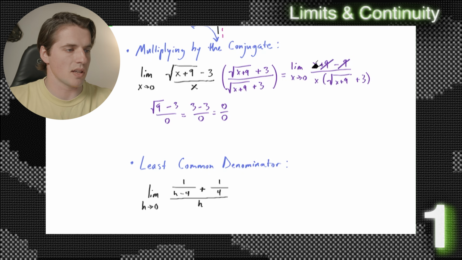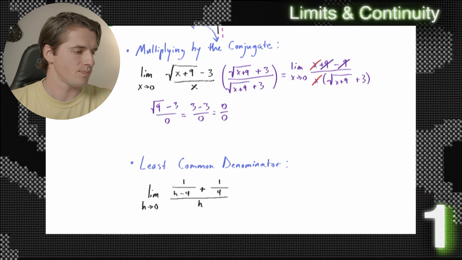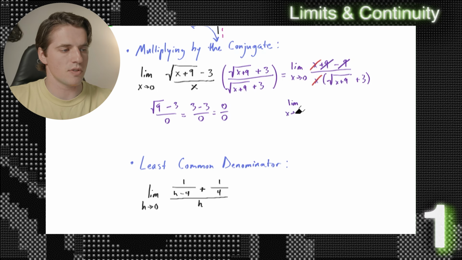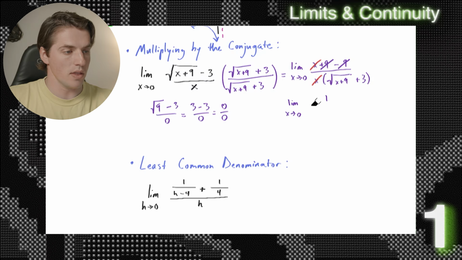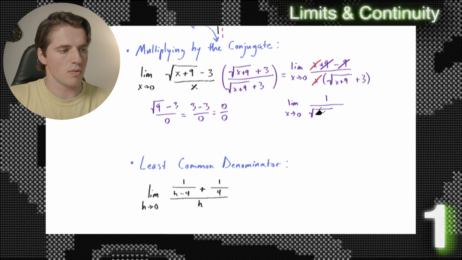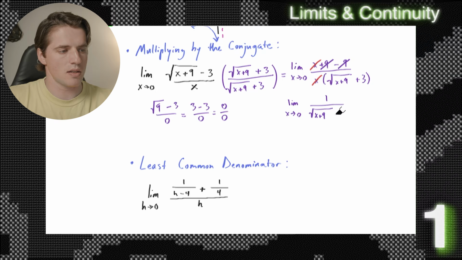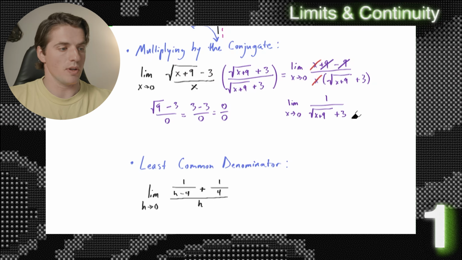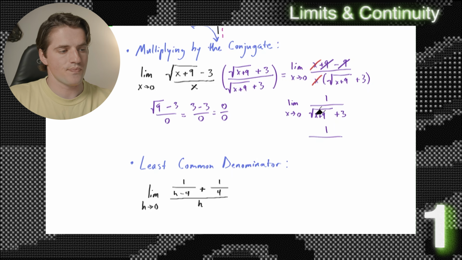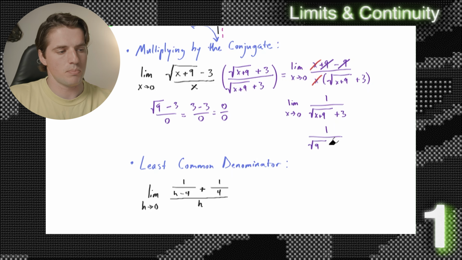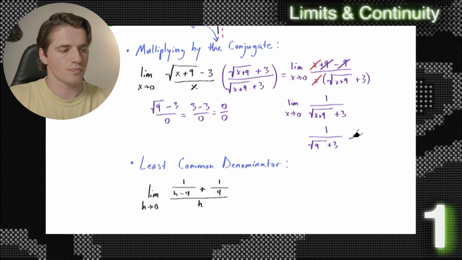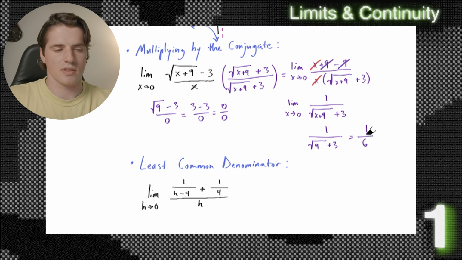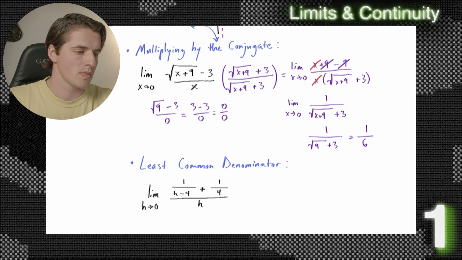And then we can cancel the x's. So we're left with, I'll write this below, the limit as x goes to 0 of 1 over the square root of x plus 9 plus 3. And now we can plug 0 in. So we have 1 over the square root of 9 plus 3. And this is equal to 1 over 3 plus 3, or 6. So our limit is 1/6.